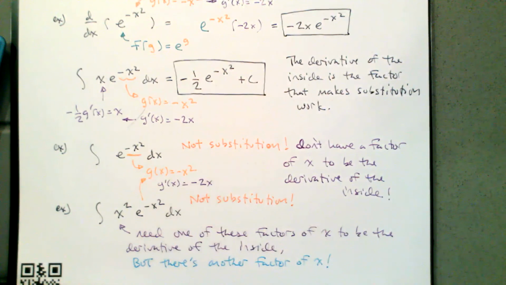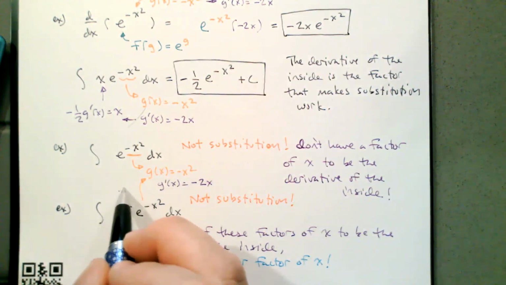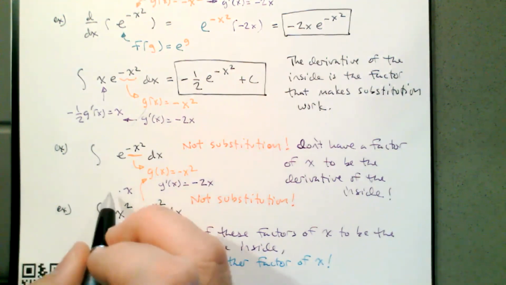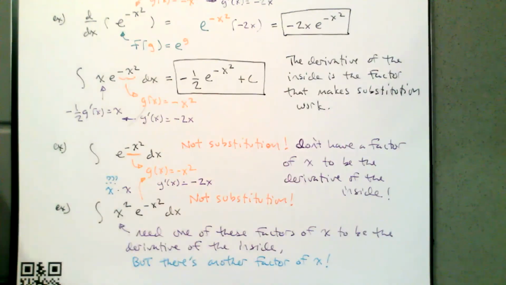Now the negative 2 is not a concern, but I need the x, and I have too many of them here. I've got 1x can be the derivative of the inside, but I've got this other factor of x we don't know what to do with.